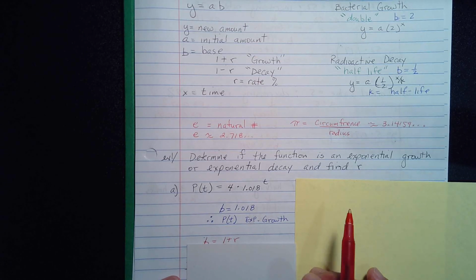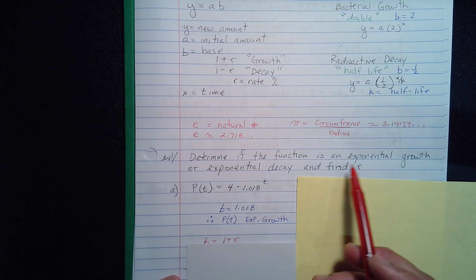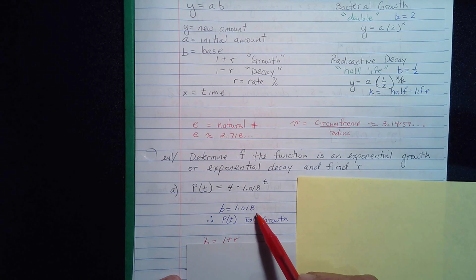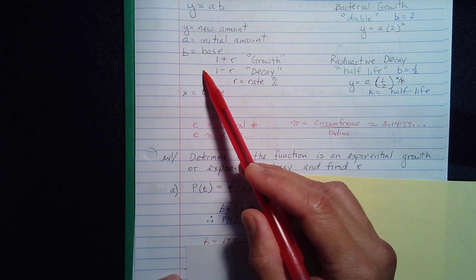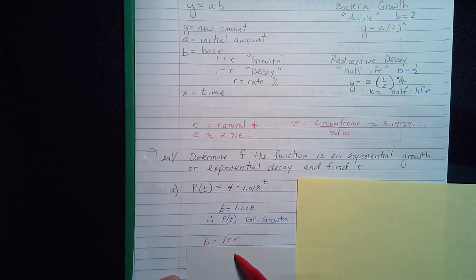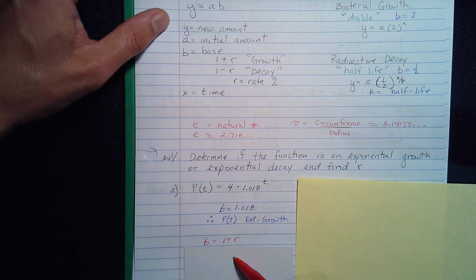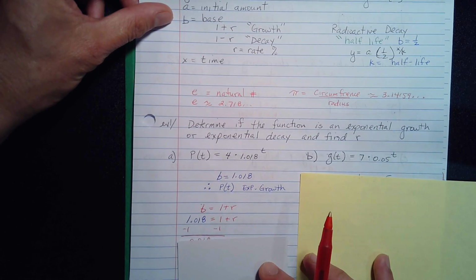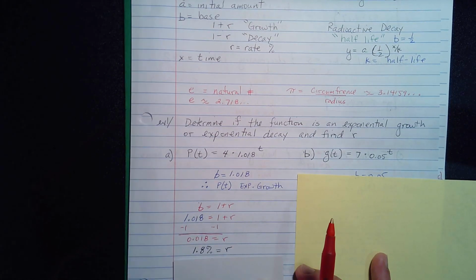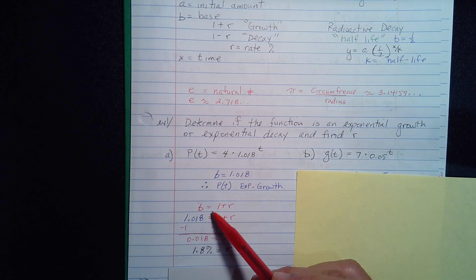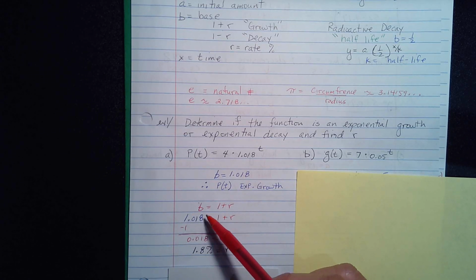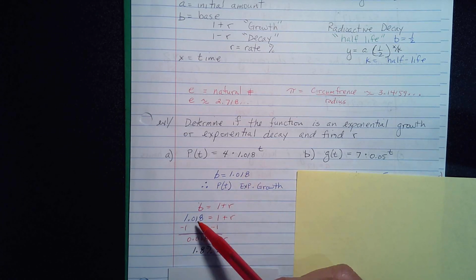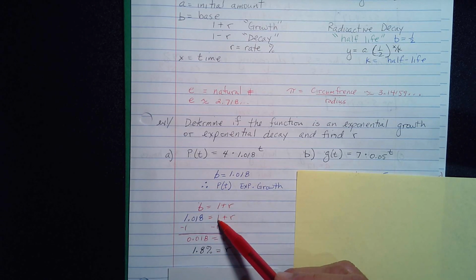Alright, so now to find, so we did the first part. We said it's an exponential growth. To find r, let's just use the formula. b equals 1 plus r. The reason why I'm using 1 plus r is because this is a growth. So I just substitute b is equal to 1 plus r. We know what b is, it's 1.018 equals 1 plus r.